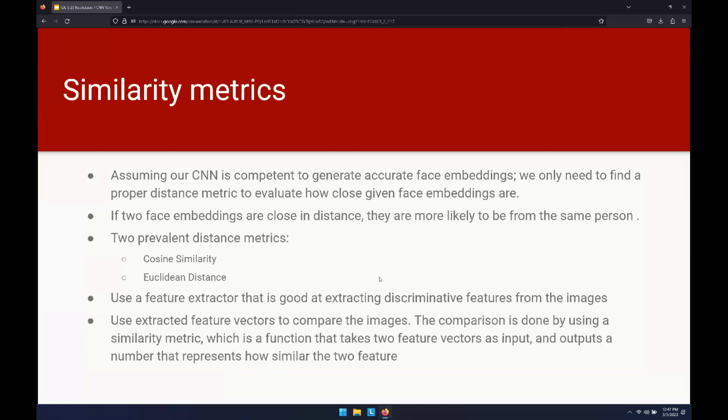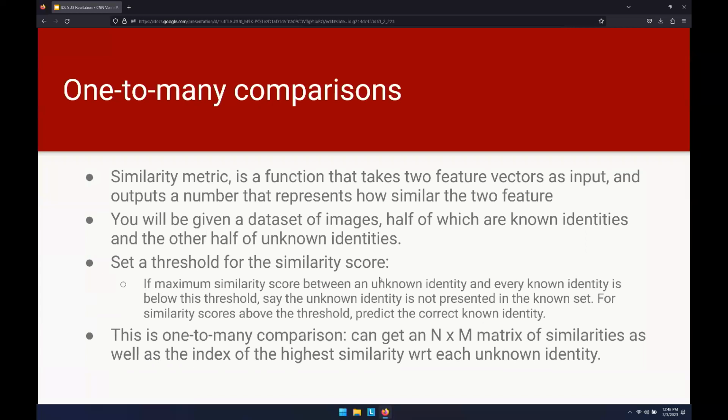So if you're trying to use the classification features as your discriminative features for verification itself, you could use either cosine similarity or Euclidean distance to find out the difference between two feature vectors, and based on that, classify a particular query image. And this usually works well, but like Prakriti said, a good classification performance does not necessarily relate to a good verification performance. So you are encouraged to try out a different loss function for verification and different approaches for that itself.